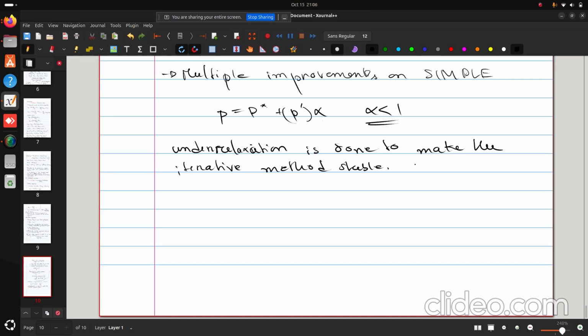So we make a compromise, and we create a pressure correction equation in terms of the velocity guess fields, and convert the continuity equation into a pressure correction equation, and this helps us solve this issue of the unavailability of a transport equation for the pressure.